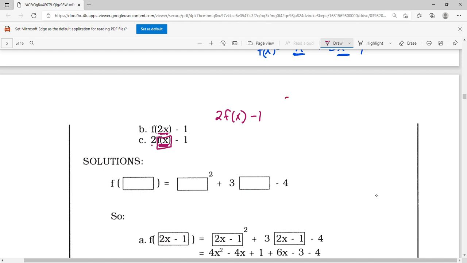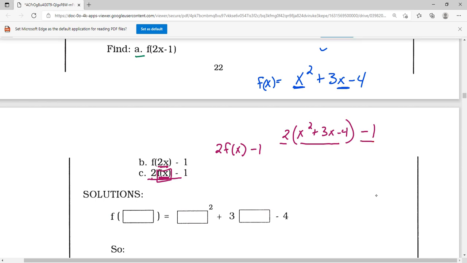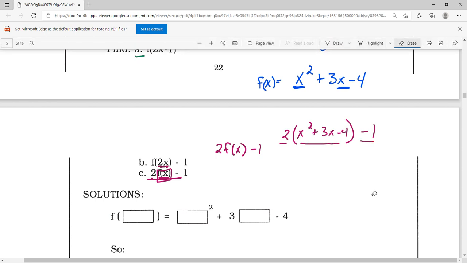So we're going to do 2 times the function. The function is x squared plus 3x minus 4, okay? Then we're going to subtract 1. See? So all we did was take 2 f of x minus 1, okay? So that time we didn't feed anything into our function to replace our x's because it didn't ask us to.